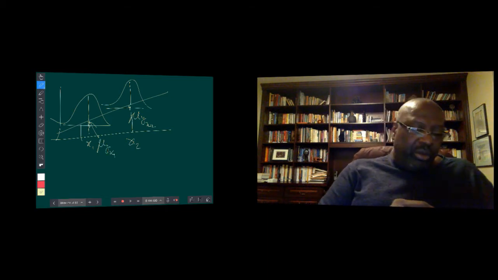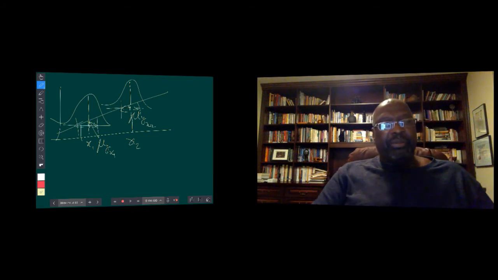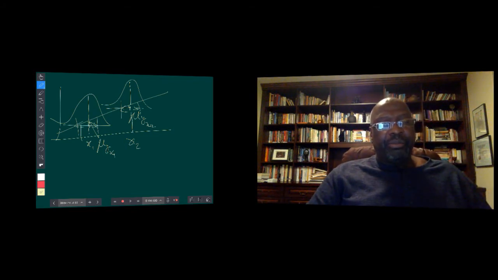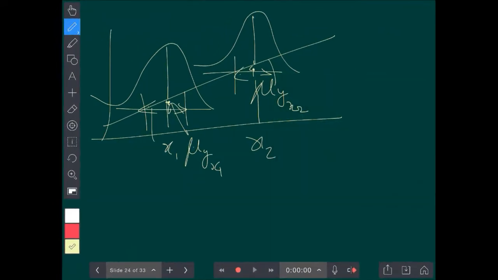So we would like to actually come up with a confidence interval for that mean. If we could do that, that might be useful to us.